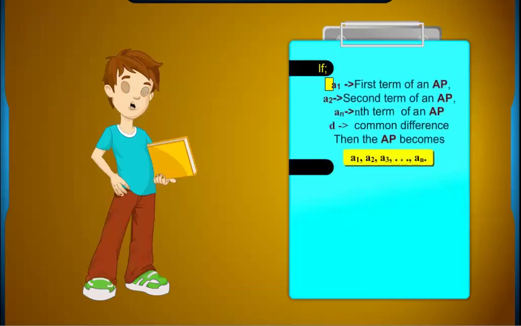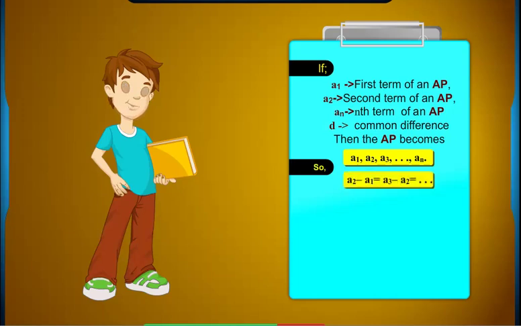If A1 is the first term of an AP, A2 the second term, and An the nth term, and D the common difference, then the AP becomes A1, A2, A3, up to An.